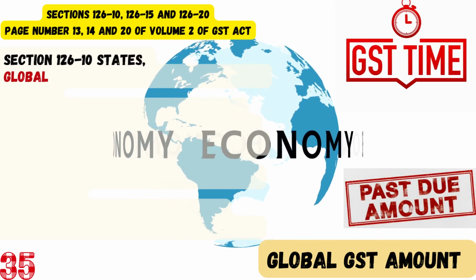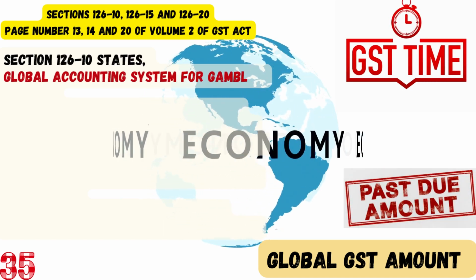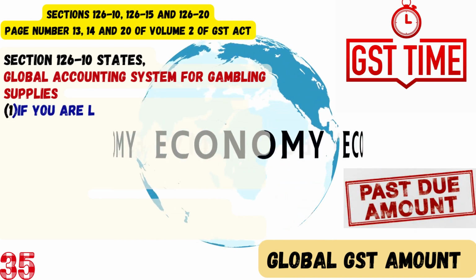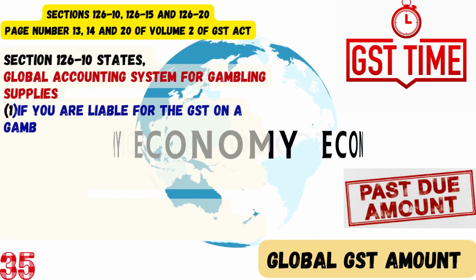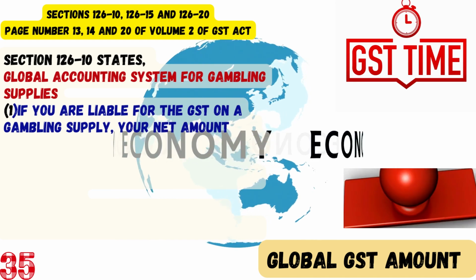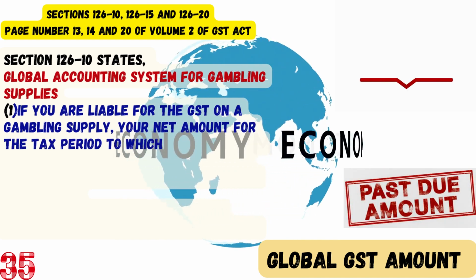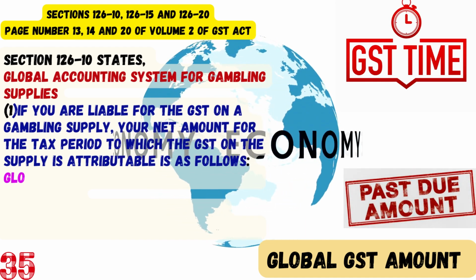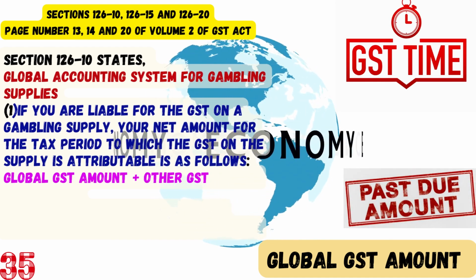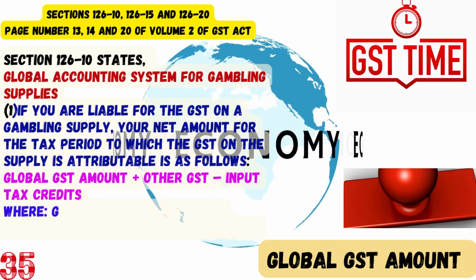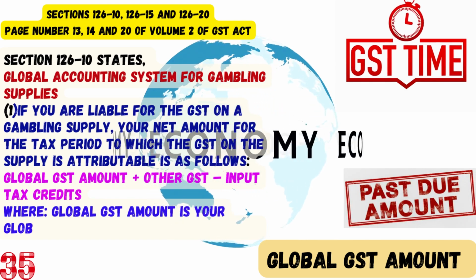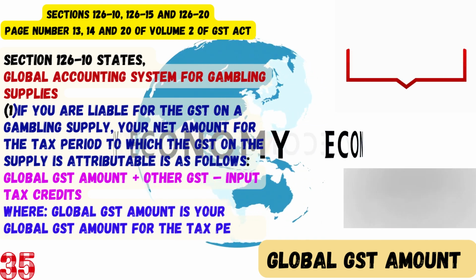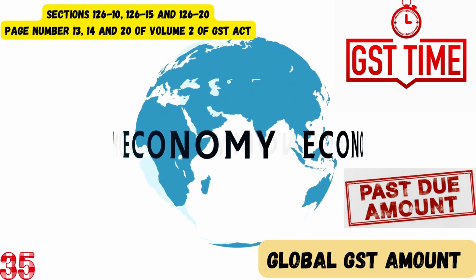Section 126-10 states: Global Accounting System for Gambling Supplies. 1. If you are liable for the GST on a gambling supply, your net amount for the tax period to which the GST on the supply is attributable is as follows. Global GST amount plus other GST, minus input tax credits, where global GST amount is your global GST amount for the tax period.